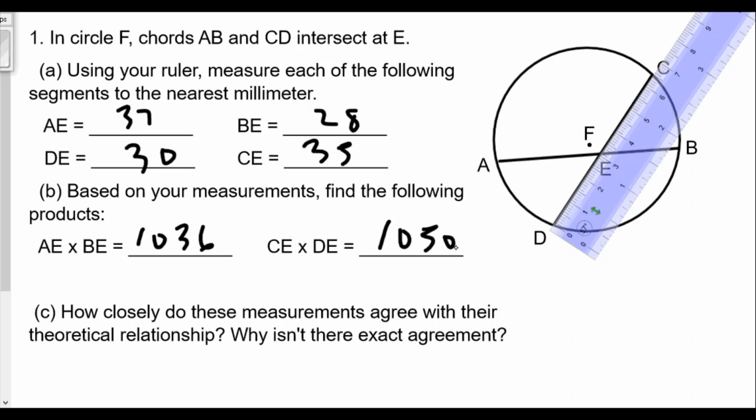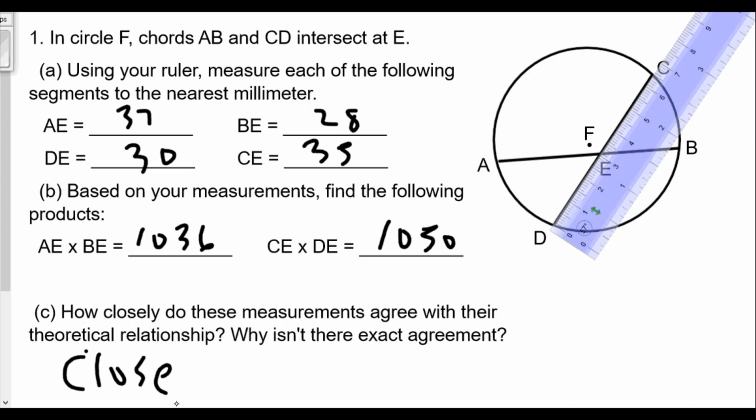Now they're very close to a theoretical relationship. We're off by 14 millimeters squared technically, but it's not an area. So we would say it's close. But why isn't it an exact measurement?